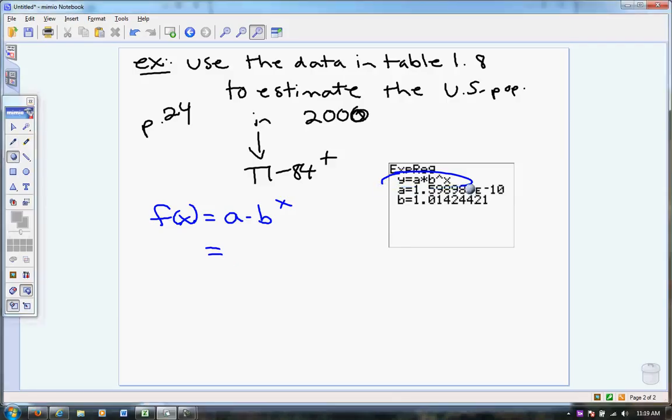Erase my line here so I can see what I've got. 1.599 actually times 10 to the negative 10th times 1.014 to the x. There is my regression equation. Okay.